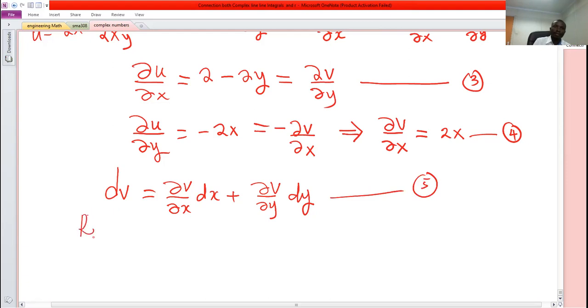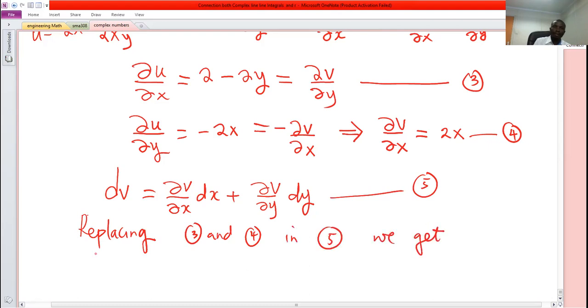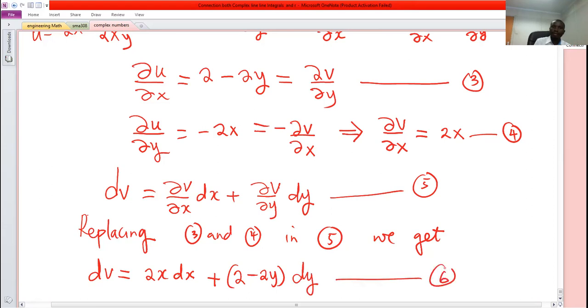So replacing 3 and 4 in 5, we get dv. So partial v partial x is 2x dx plus partial v partial y is 2 minus 2y dy. Call this one equation 6.